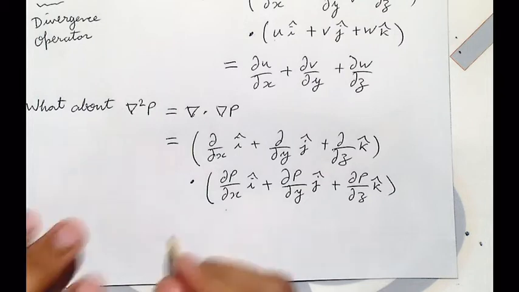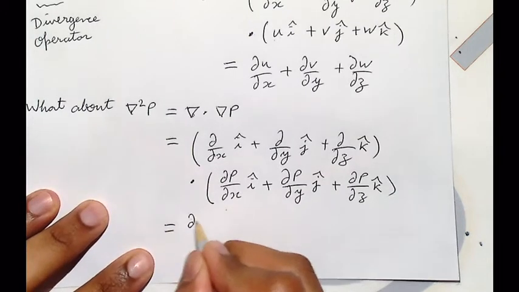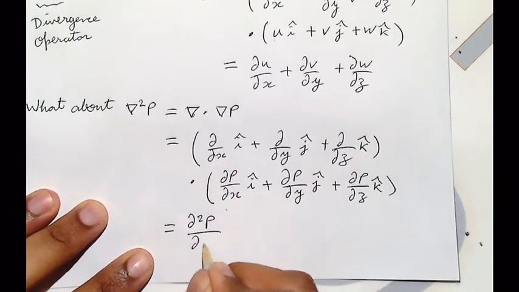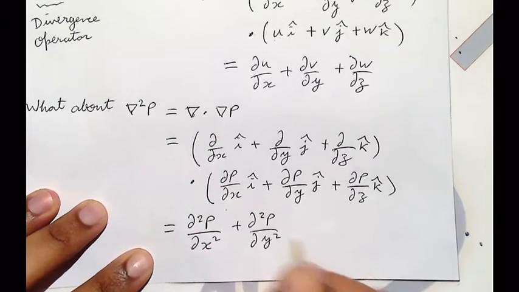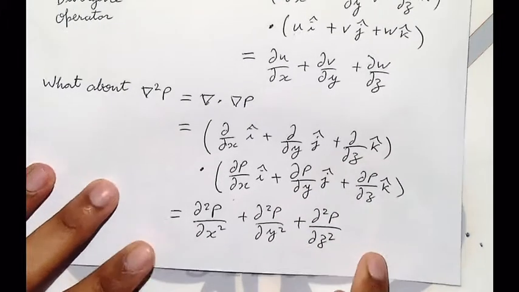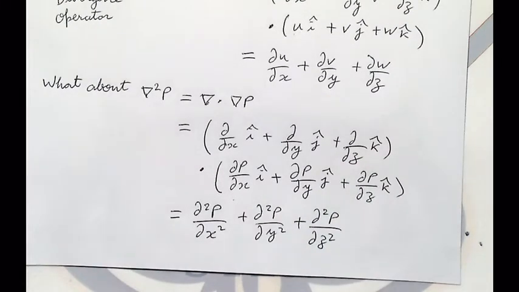Del squared p, yes, we get what we said the Laplacian looks like. Make sense? So anytime you forget any of these expanded long formulas, just go back to the basics and you can derive it very easily.